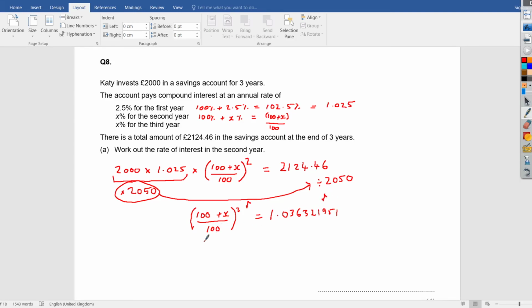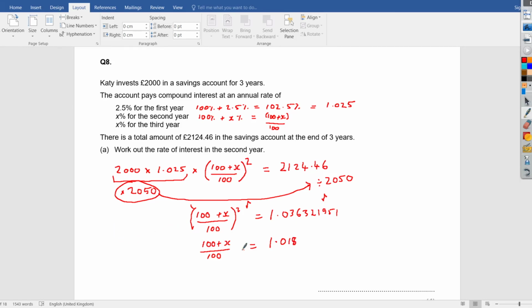That gives me (100 plus x) over 100 equal to the square root of that, which gives 1.018, going on 99899.